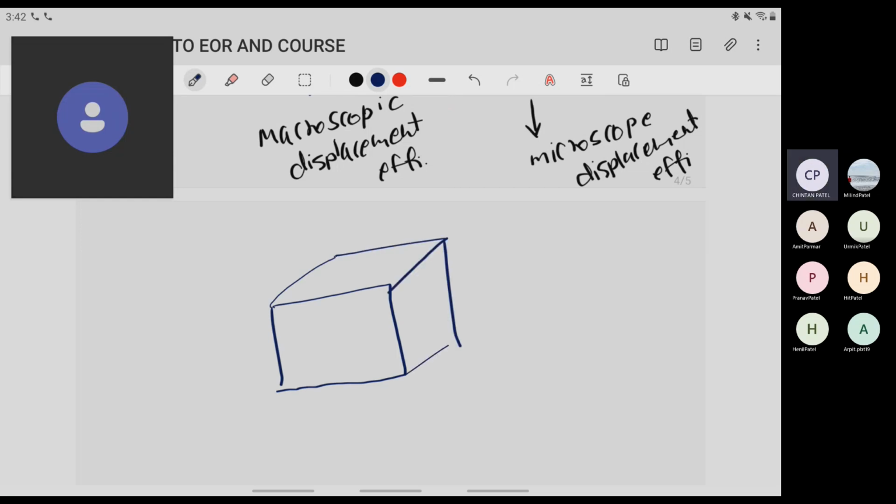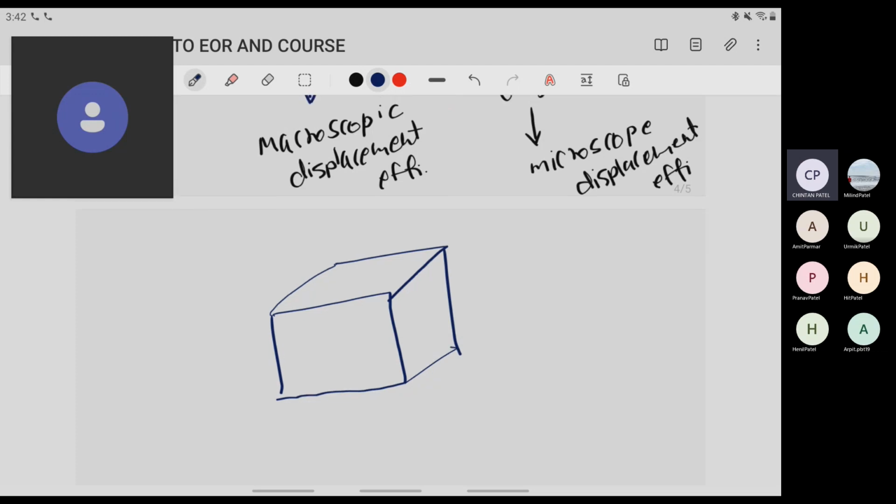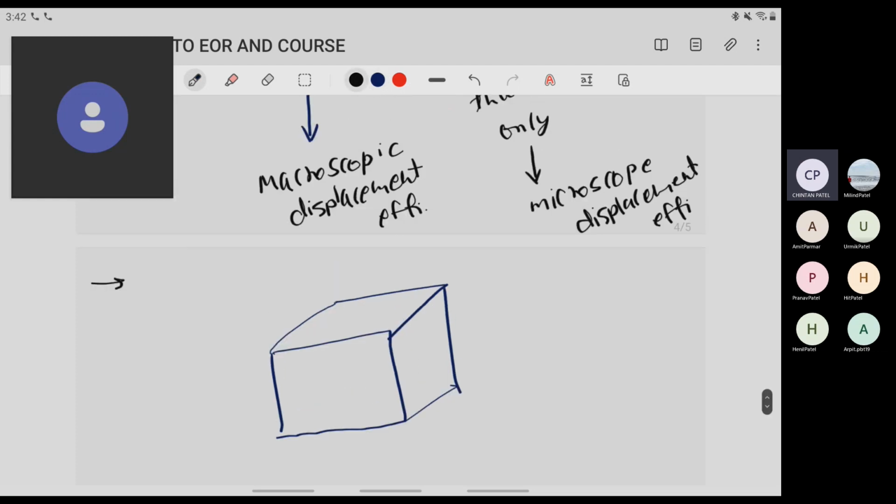Or let's connect it directly with a reservoir. So let's suppose this is now my reservoir, 100 meter cube. How is this 100 meter cube calculated? It is simply the multiplication of area and height, correct?